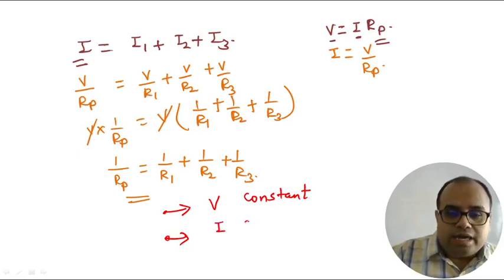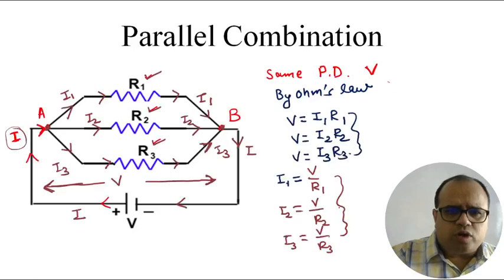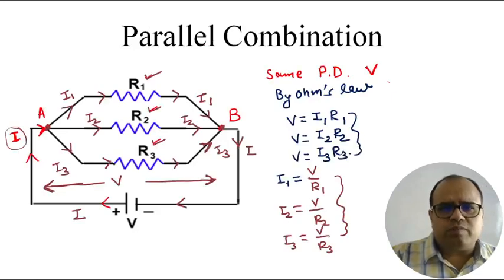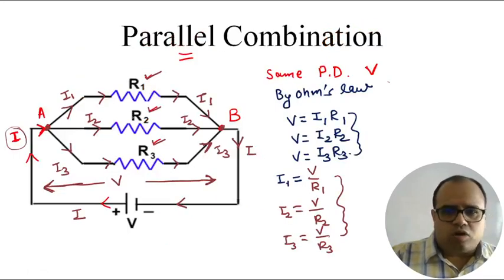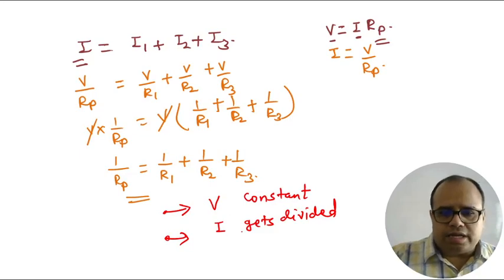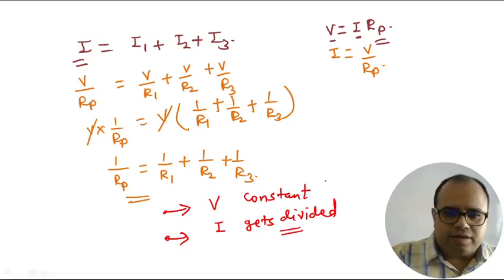Current I gets divided. So the first important point is that potential remains constant across these 2 points A and B, and the second is that current gets divided.